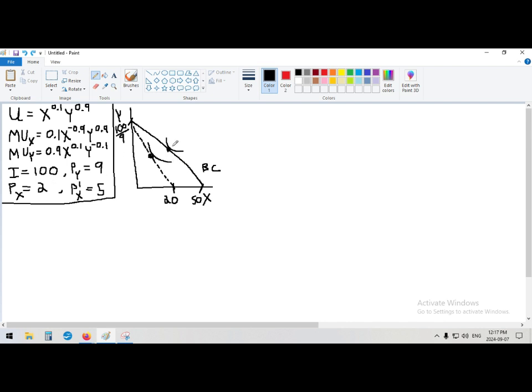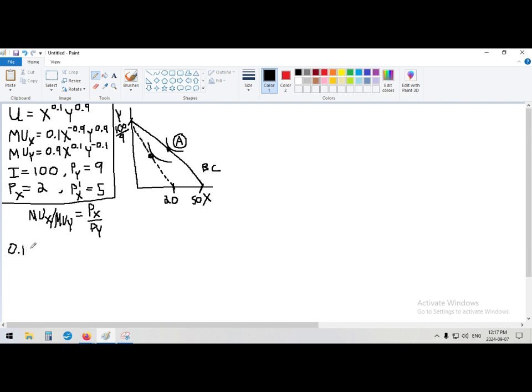So let's start off by finding the first point here, point A. For this one, we can just use the tangency condition. So we do MUX over MUY for the slope of the indifference curve, and that'll be equal to the slope of the budget constraint, PX over PY. Let's plug this in for the first point. Here we have the marginal utility equations up here.